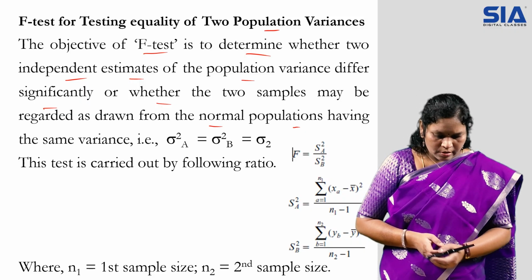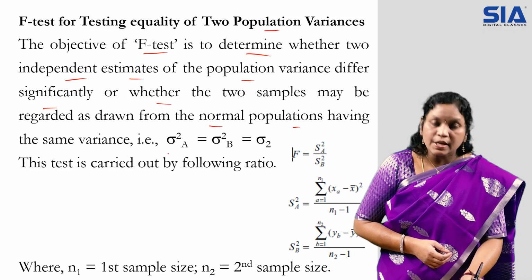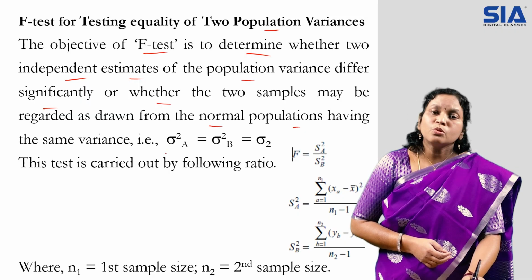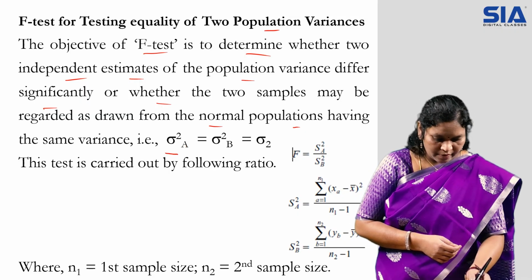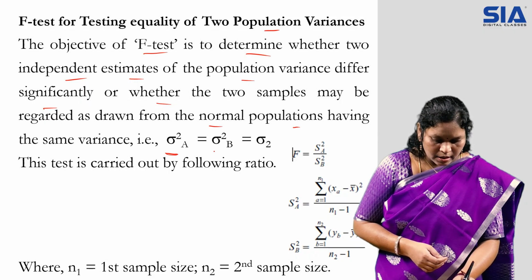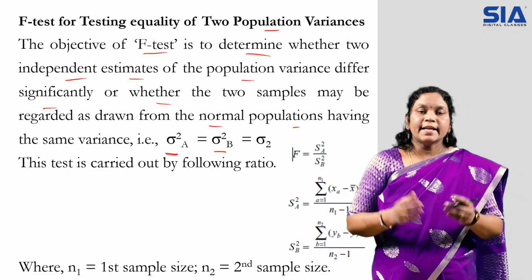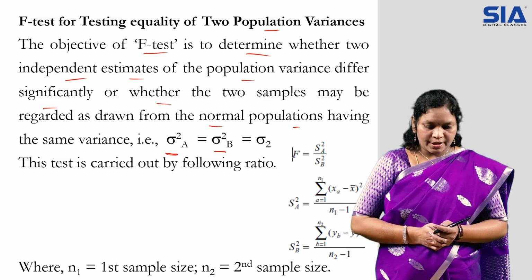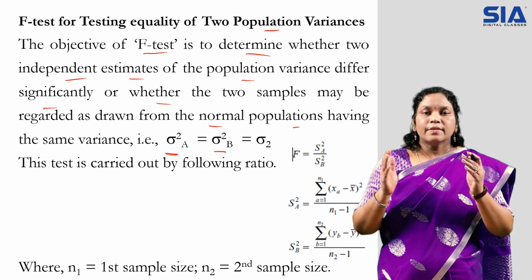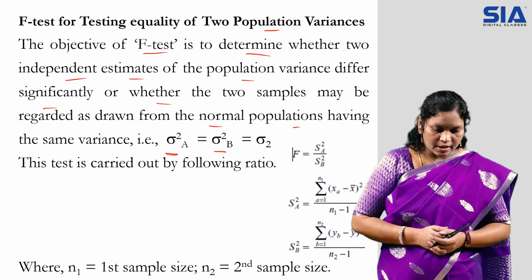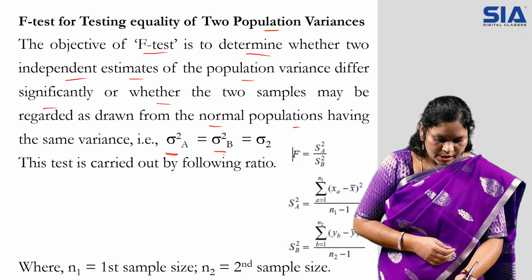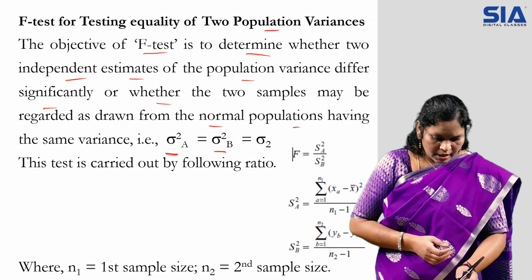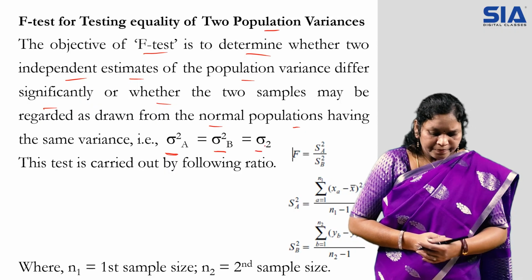From normal populations, the variances will be sigma square; one becomes sigma A square and the other sigma B square, and we consider them equal. So sigma A square is equal to sigma B square, altogether considered as sigma square.